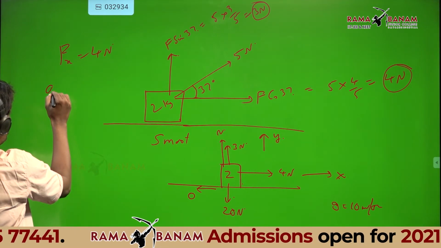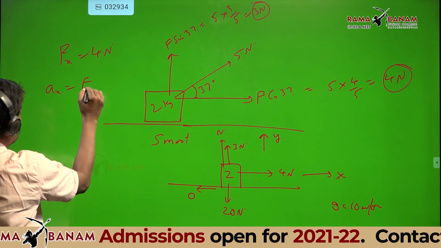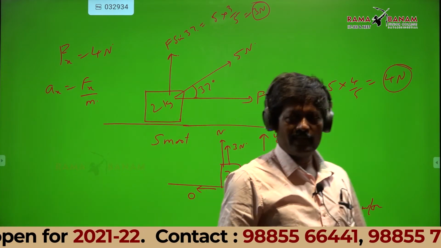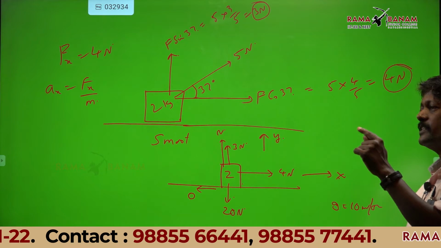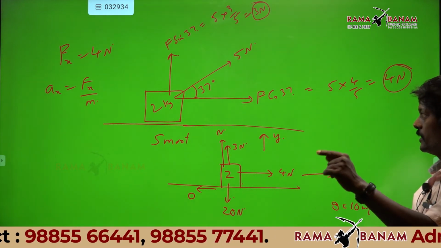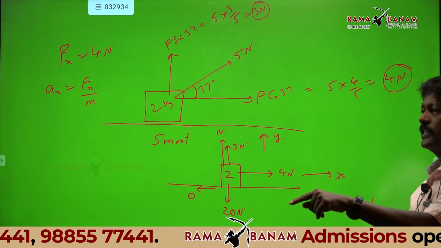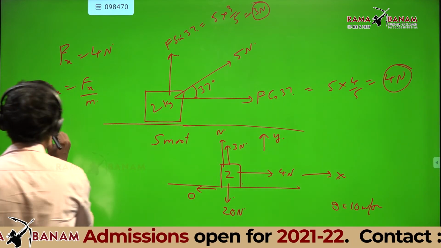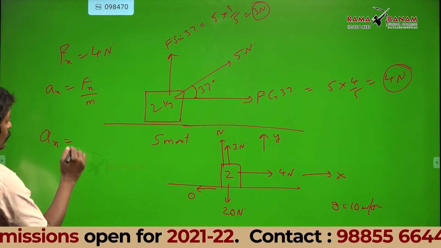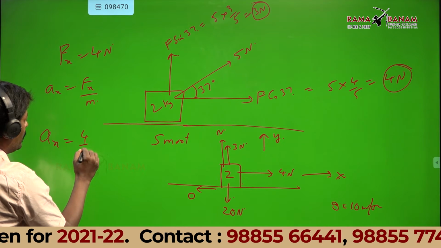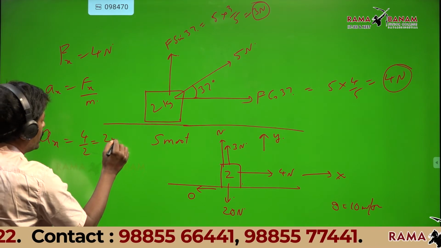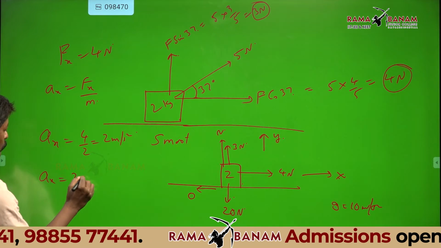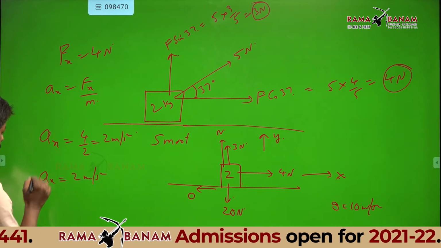So ax is Fx divided by mass, Newton's second law. Acceleration in the x direction is force in the x direction divided by mass, 4 by 2, which is 2 meter per second square.